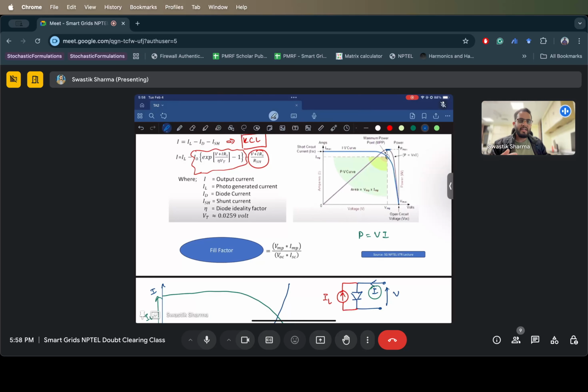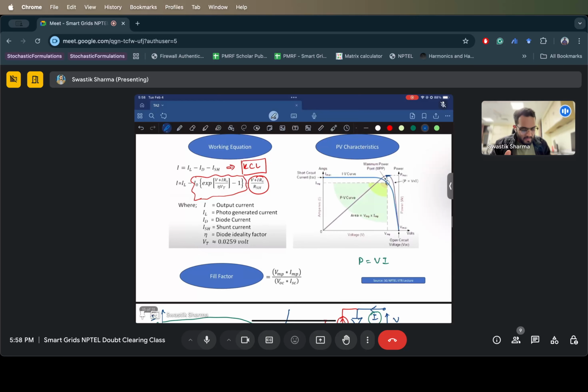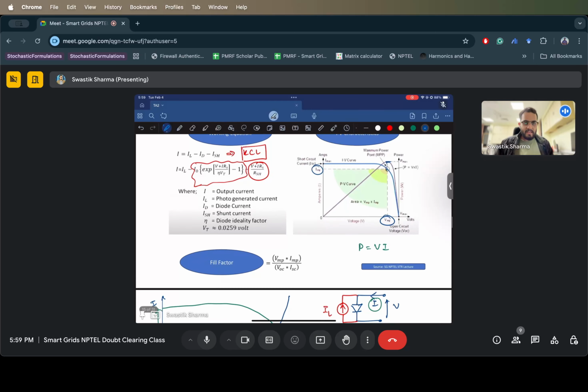The point at which we get the maximum power from a solar PV cell is called MPP, or maximum power point. You can see the current is called IMP and the voltage is called VMP, and we define a fill factor. It is the maximum permissible power that we can get from a PV array or PV cell, divided by the power from its open circuit voltage and short circuit current.